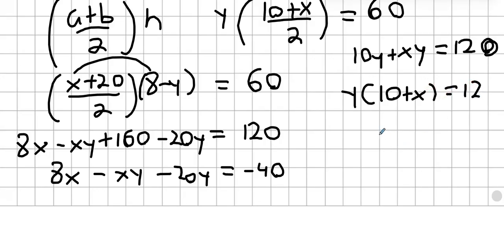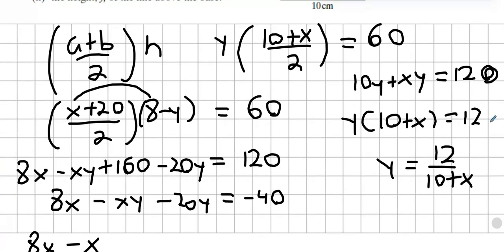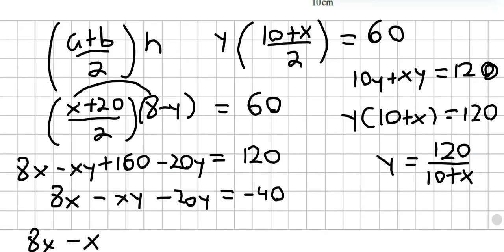And I'm going to say y on its own is 120 over 10 plus x. And anywhere I see y, I just get rid of it. Just get myself down to one letter as quickly as possible.